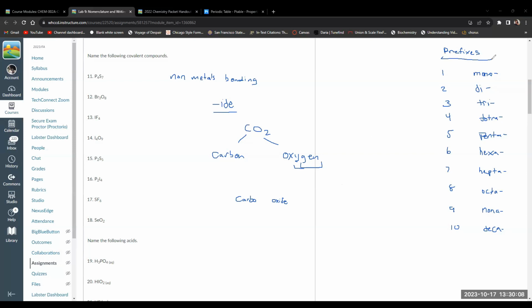So prefixes, unlike transitional metals, are based off quantity. So we see this two here on the oxygen.